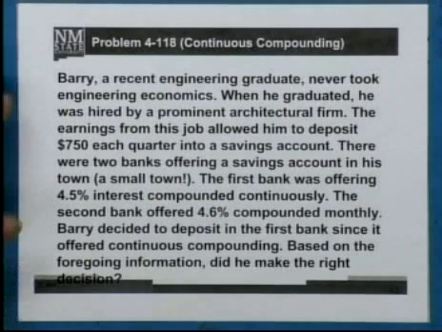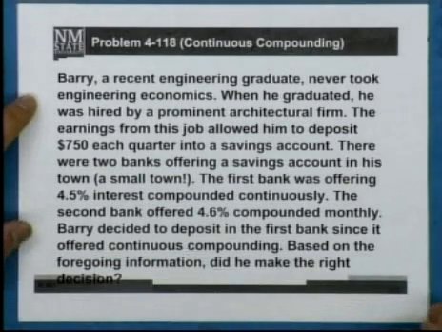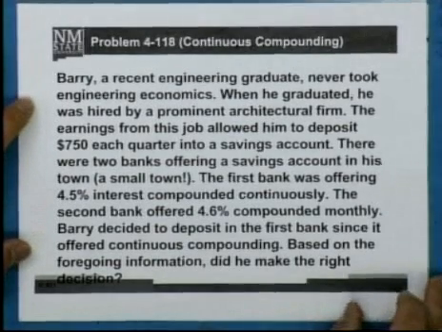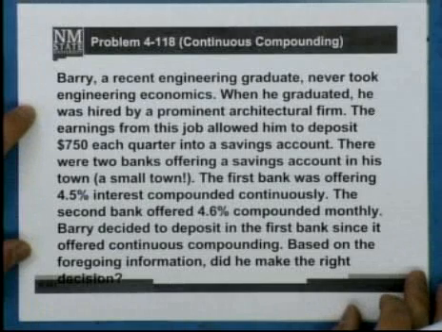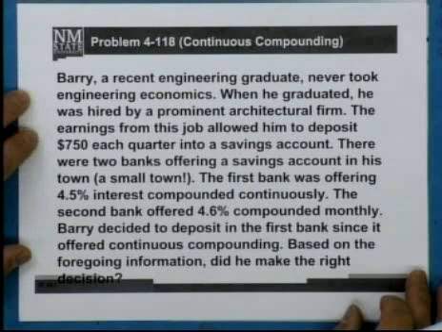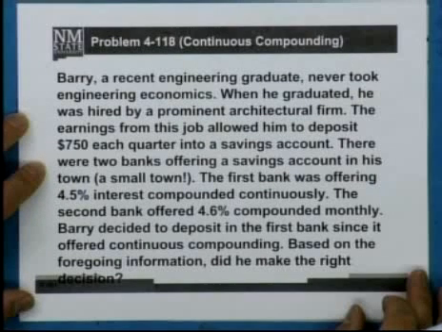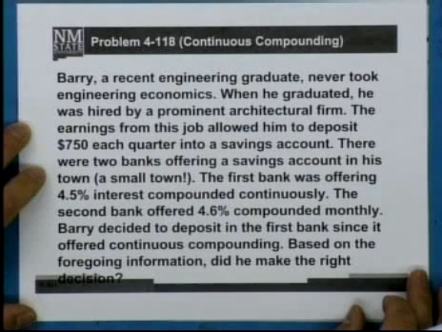Barry, a recent engineering graduate, never took an engineering economics class. When he graduated, he was hired by a prominent architectural firm. The earnings from this job allowed him to deposit $750 each quarter into a savings account. There were 2 banks offering a savings account in his town.